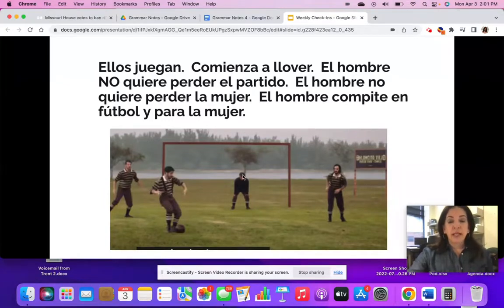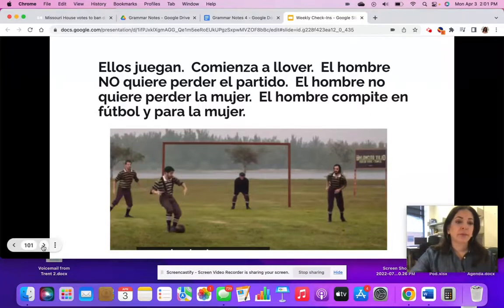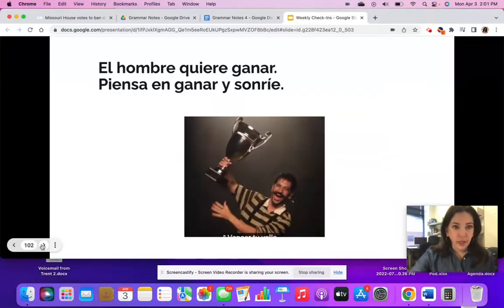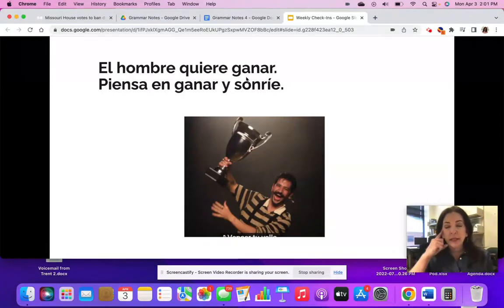La mujer está en el partido. Ella mira el partido y el hombre compite para la mujer. El hombre quiere ganar. Ganar significa to win. Quiere ganar. Piensa en ganar y sonríe.